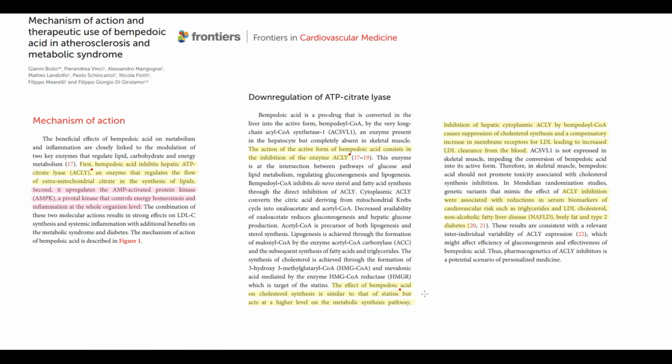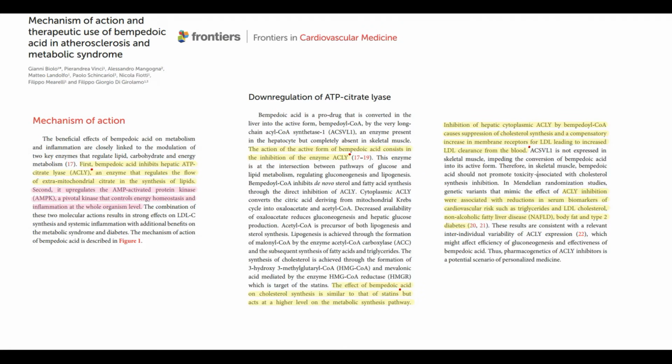But as we'll see further, bempedoic acid acts on a higher level. In addition to this, with inhibition of ATP-citrate lyase, bempedoic acid provokes a compensatory increase in production of membrane receptors for low-density lipoproteins, which in turn leads to a more rapid clearance of LDL particles from the blood.